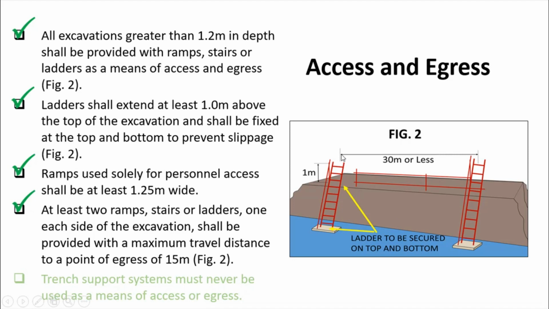That's why we write here 30 meters or less for the distance between the accesses, because when you are standing between these 30 meters, you can make sure that there is a 15 meter maximum travel distance in the access inside the excavation.